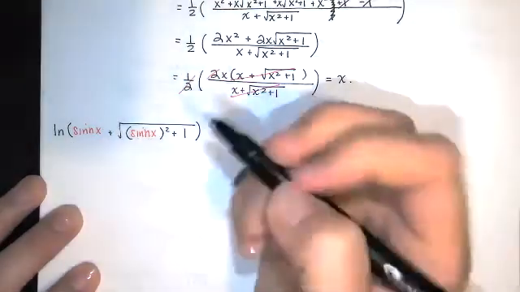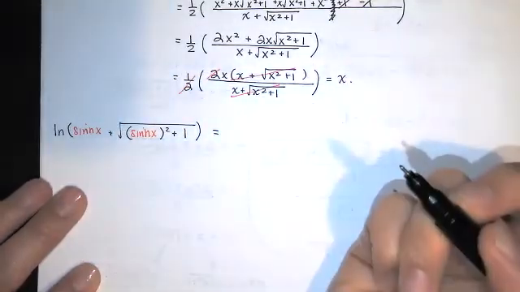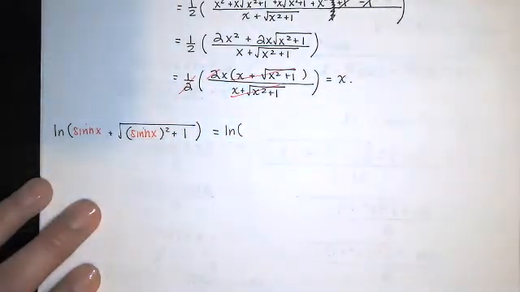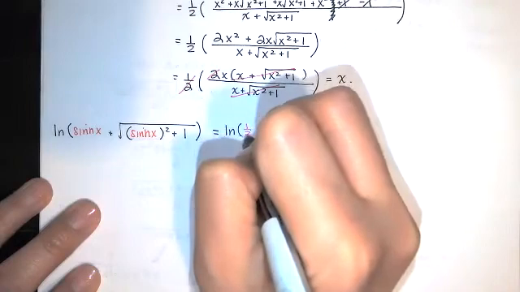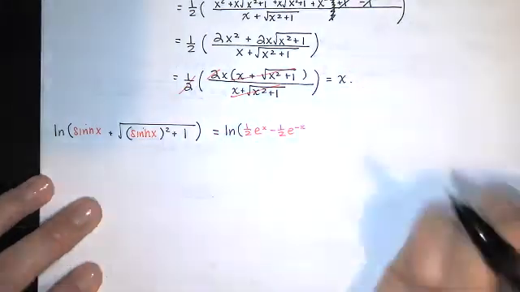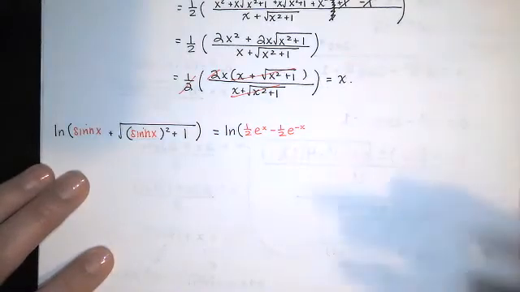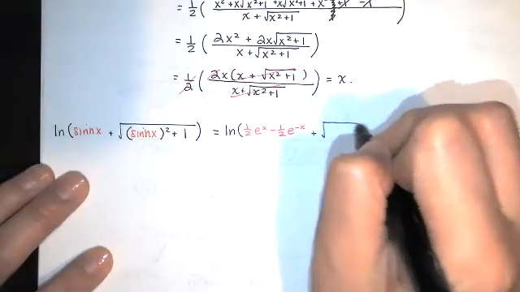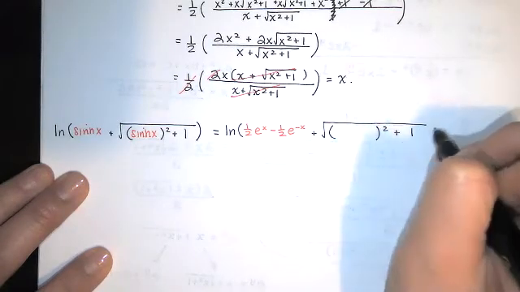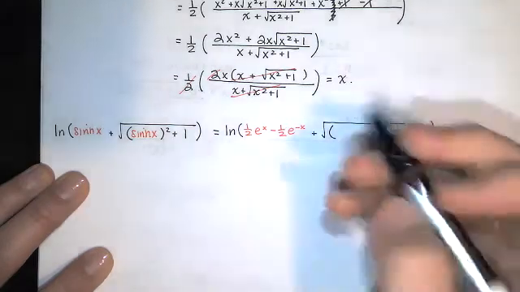But remember what hyperbolic sine of x is. Hyperbolic sine is 1/2 of e to the x minus 1/2 of e to the negative x. I just chose to distribute that there. In these parentheses, I think I'll just leave it factored.